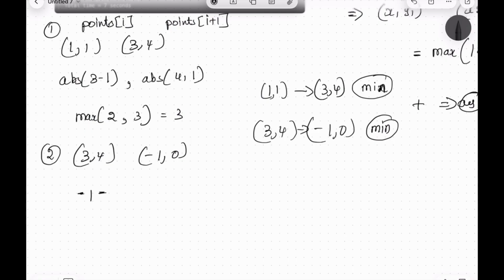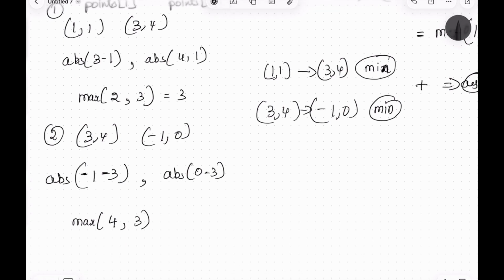So absolute value of negative 1 minus 3, and absolute value of 0 minus 4, which is the maximum of, this is 4 and this is 4, sorry. Yeah, so the maximum of 4 and 4 will be 4, and now we have to sum this up.